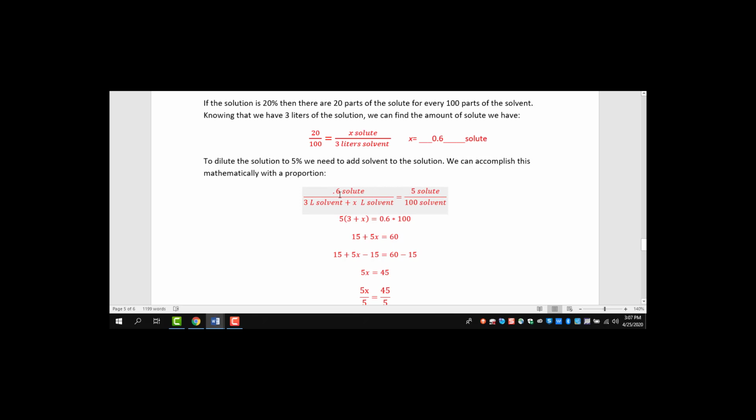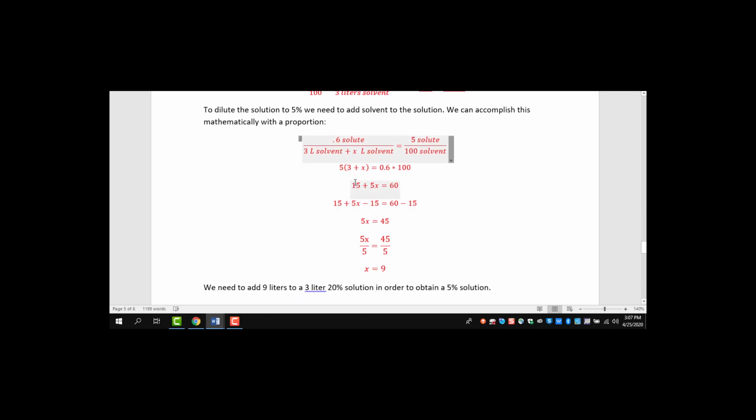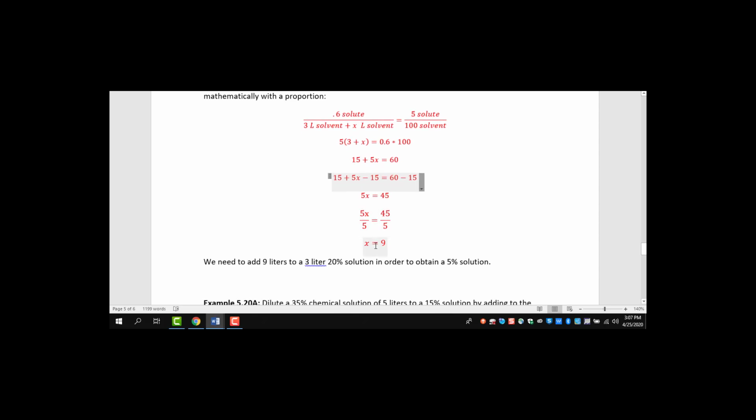This is 5 times (3 plus X) equals 0.6 times 100. Now, how do you do this? You have to use the distributive property here. 5 times 3 is 15, plus 5 times X is 5X, equals 60. Subtract 15 from both sides and divide by 5, and the answer is 9.